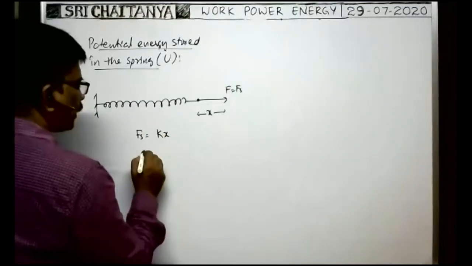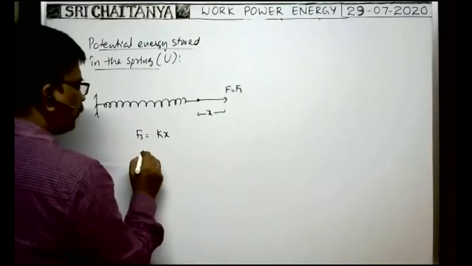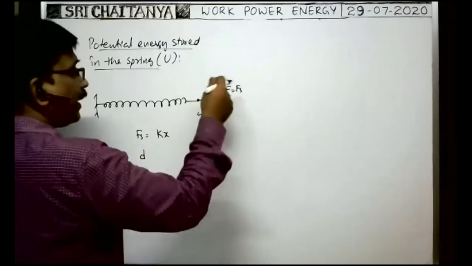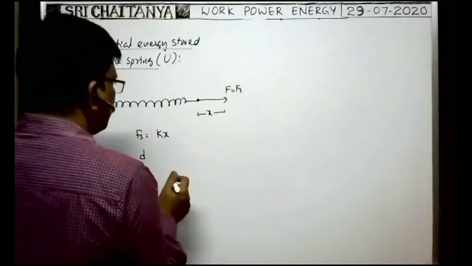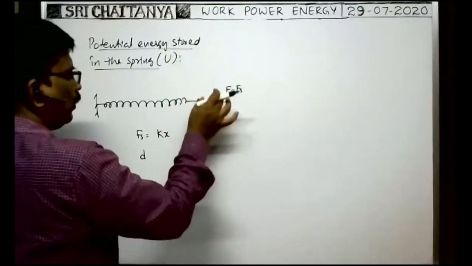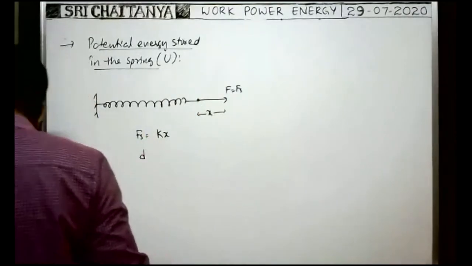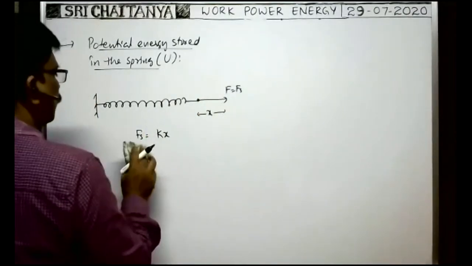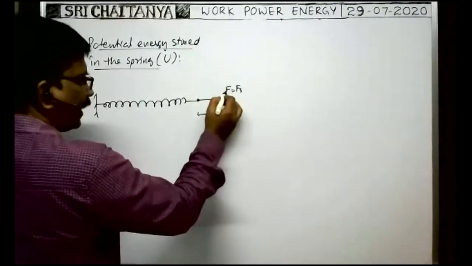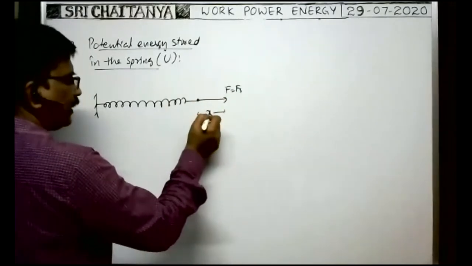In such a case, for a small extension of the spring dx, the work done by the external force, whenever the spring is extended by x, is equal to the applied force.